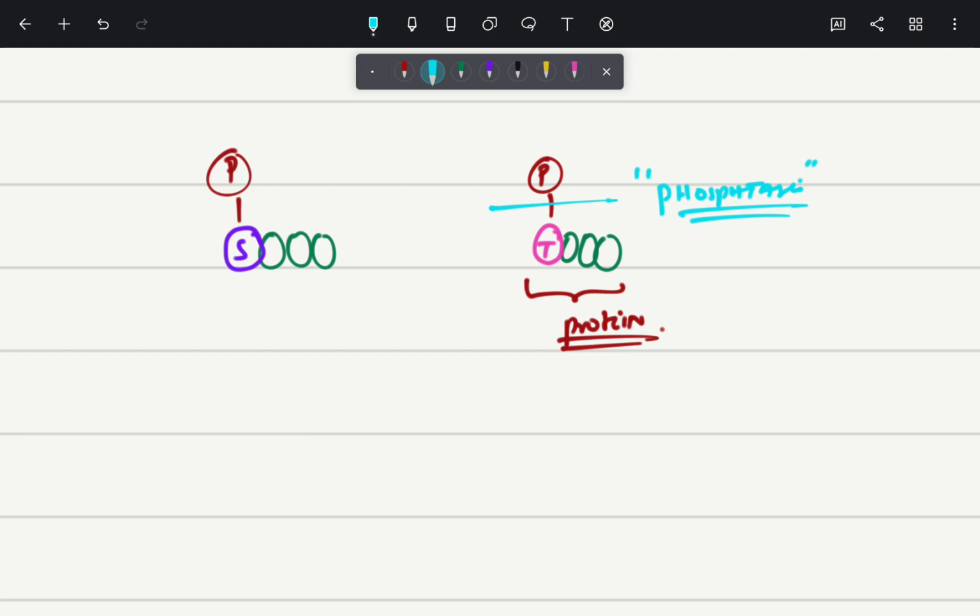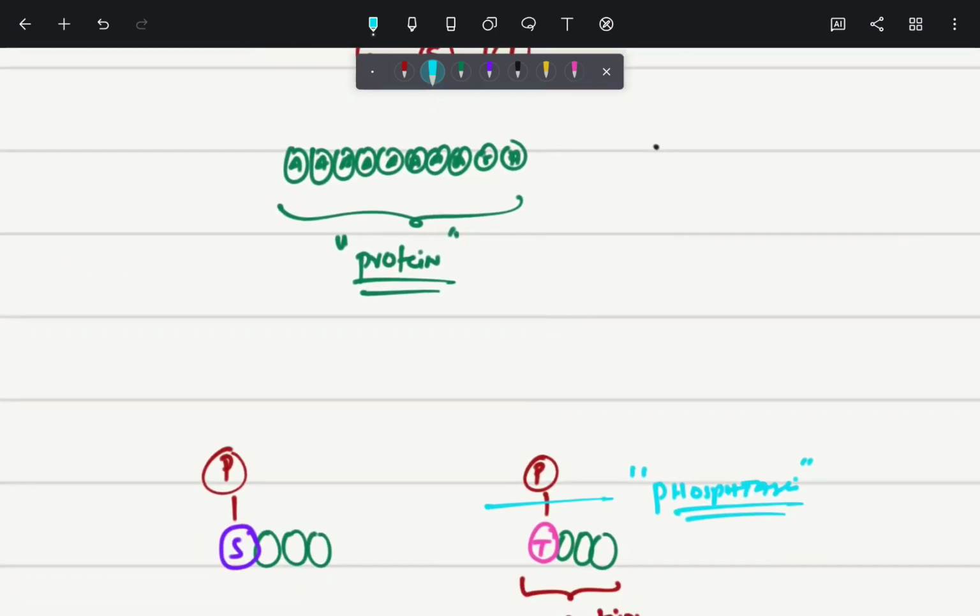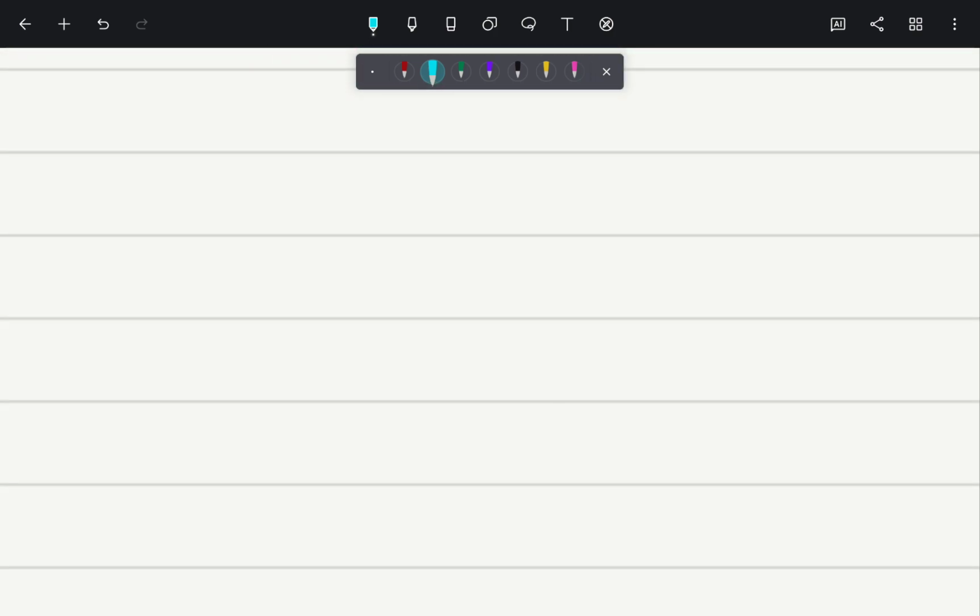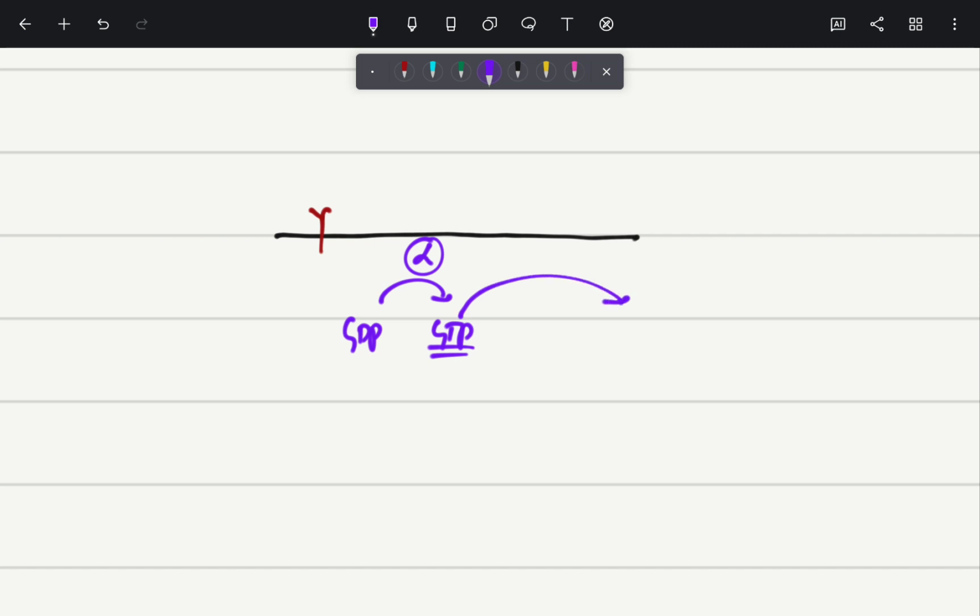Okay, and not only that, I already told you that whenever there is receptor activation, the alpha subunit will convert the GDP into GTP, and GTP will eventually get converted into cyclic AMP with the help of adenylyl cyclase.